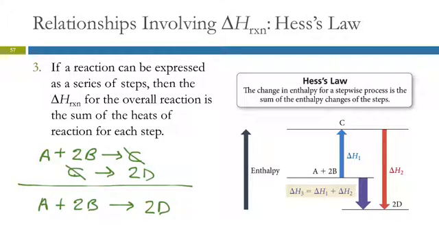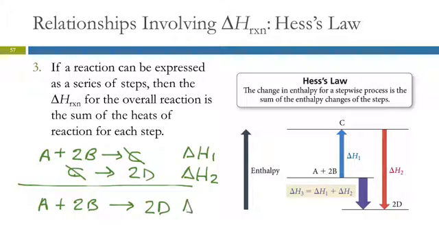So what we can do, and this is what Hess's law tells us, is if we can write stepwise reactions that together add up to the overall one that we're interested in, we can just add up the delta H's for each of the individual ones and get the final result. So this one, going to C, that was delta H1, and this was delta H2.